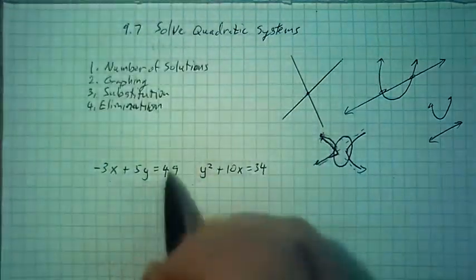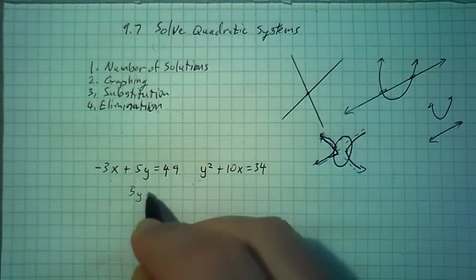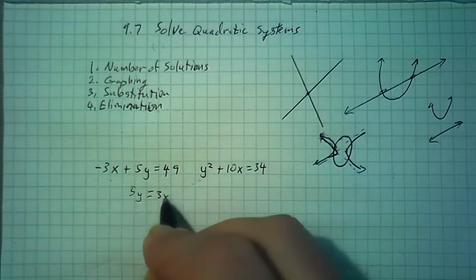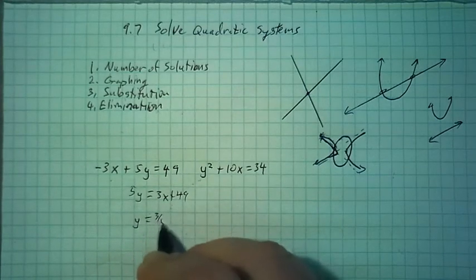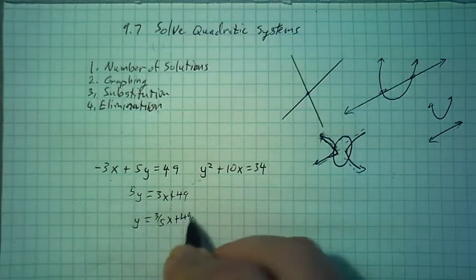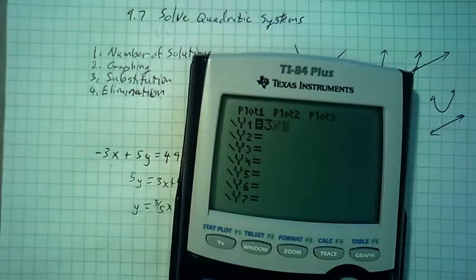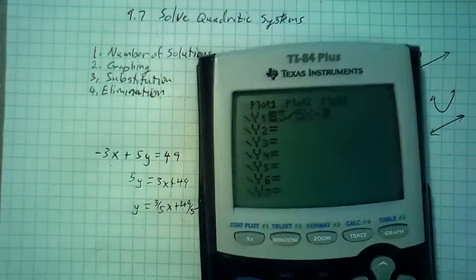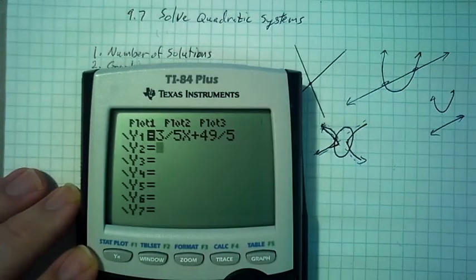So we have to make sure we solve these for y before we proceed. So we're going to do this by adding 3x and then dividing by 5. So 3/5 x plus 49/5. Annoying, like I said. 3/5 x plus 49/5. That's my first graph.